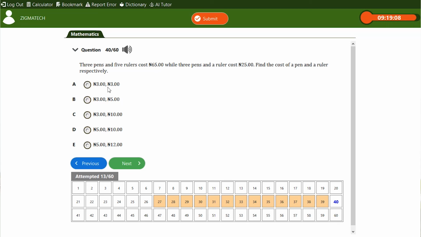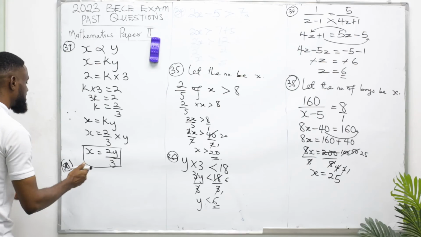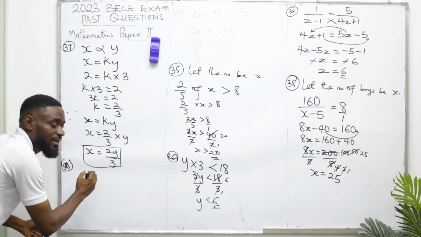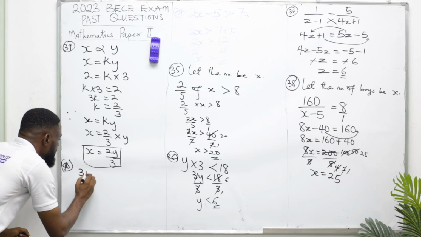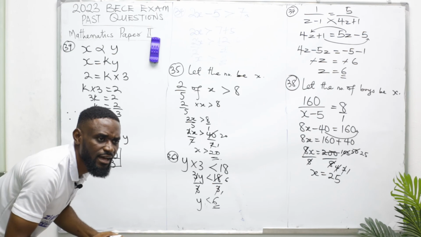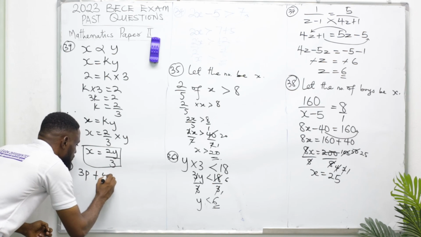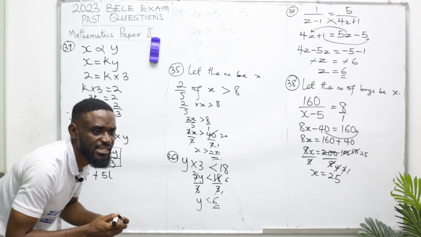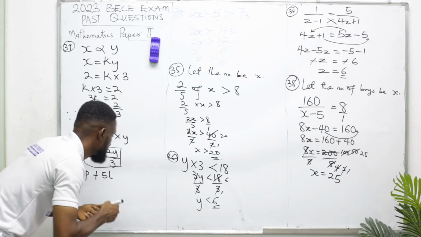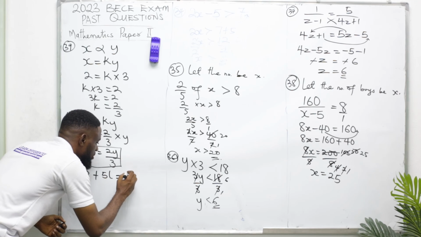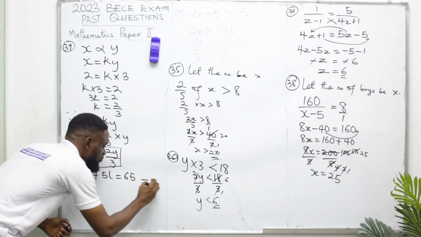So we will denote pen by P and we will denote rulers by L. It says 3 pens, that is 3P, and 5 rulers, 5L, cost 65 naira. So 3P plus 5L is equal to 65 naira, equation 1.